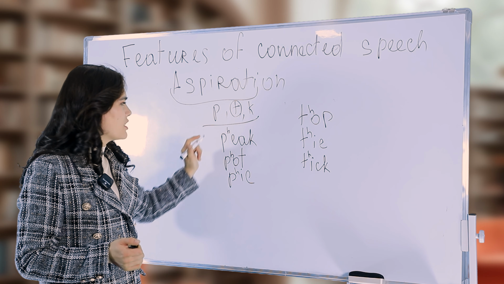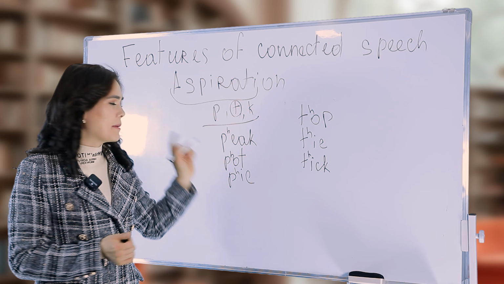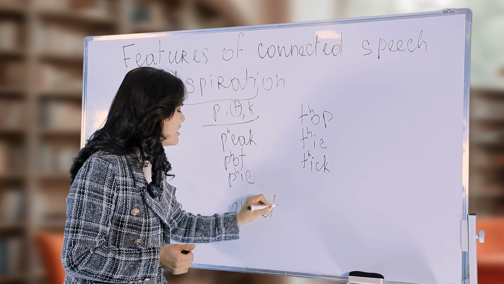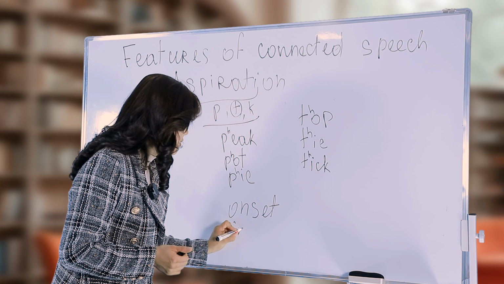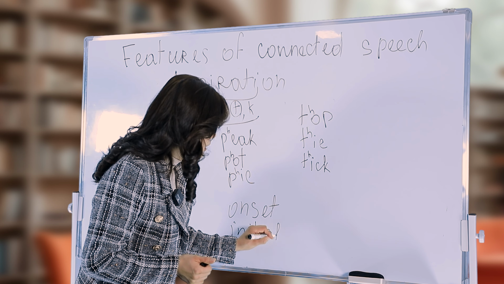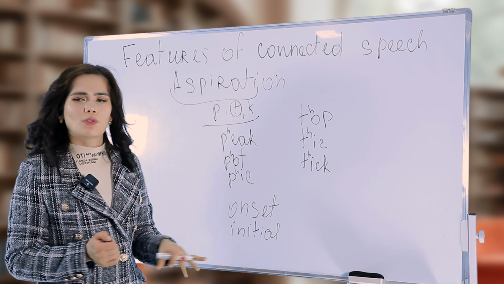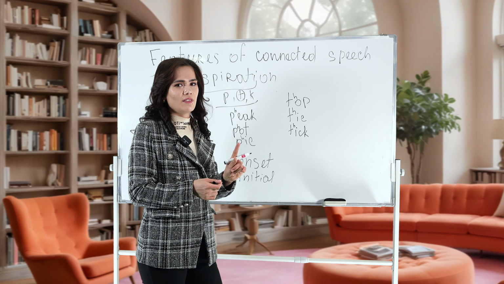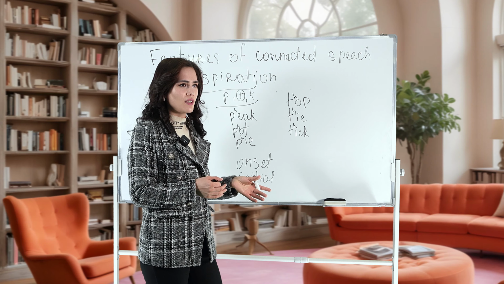For aspiration, these three sounds must be in the onset, which means the initial sound of the word. Sometimes they can be observed in the middle of the word, but never ever at the end of the word.